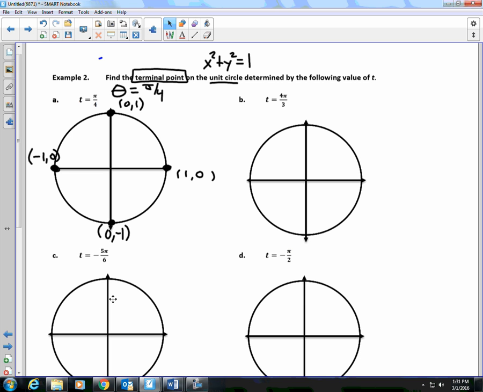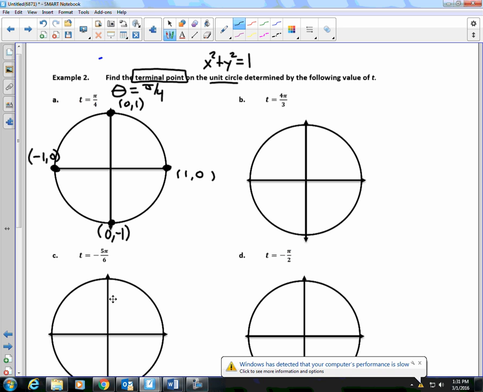From yesterday, do you remember how many degrees is pi over 4? What's 180? Pi. So what's 90? Pi over 2. 45 is pi over 4. So what I do is I take pi over 4.